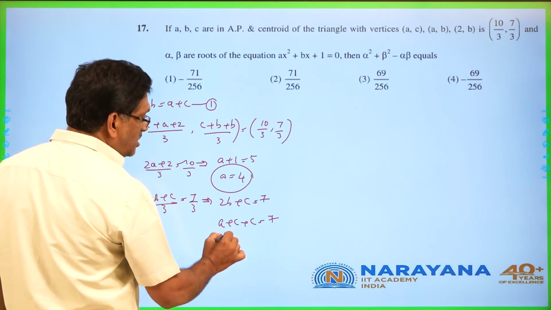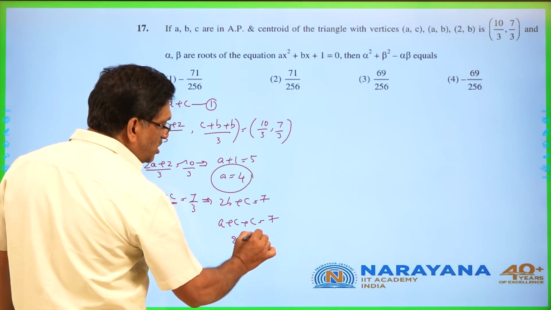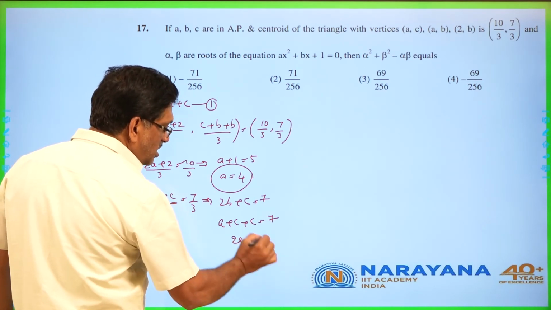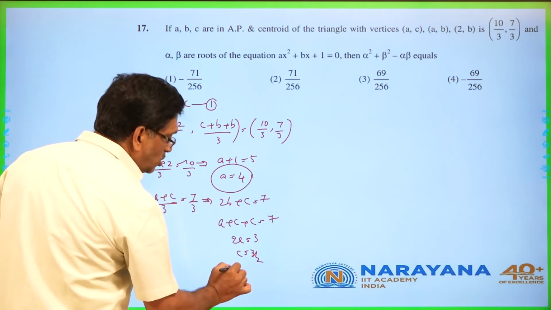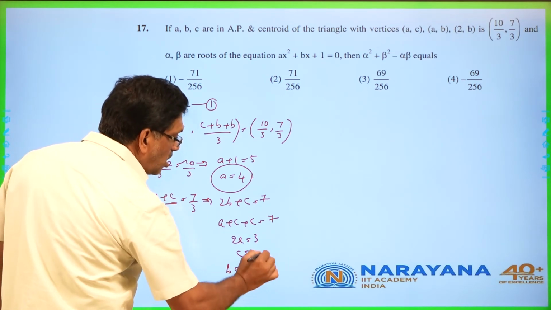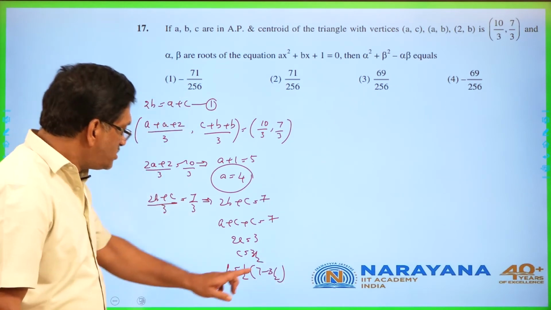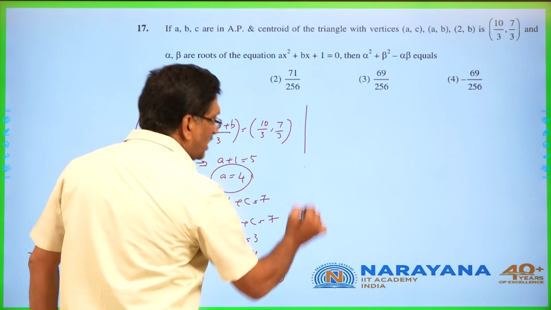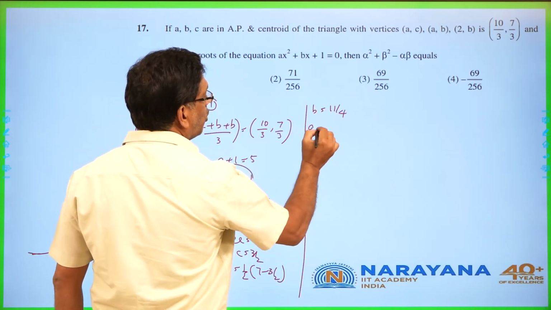That is, A is 4; send it to the other side. 2C equals 7 minus 4, which is 3. C is 3 by 2. If you substitute, you will get the B value. So B equals half of (7 minus 3 by 2), which is 11 by 4. That is B equals 11 by 4.